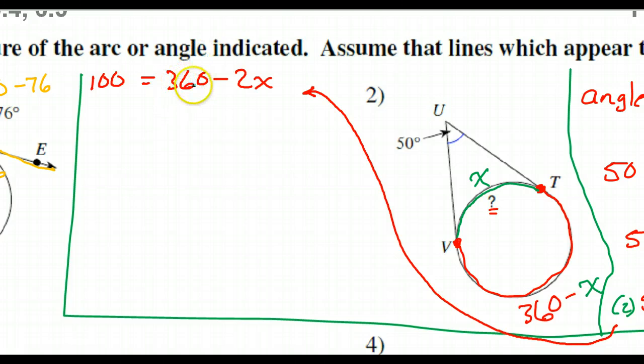So this problem is getting easier all the time. Subtract 360 from both sides. So that's going to be negative 260 is equal to negative 2x. Then we are going to just divide both sides by negative 2.